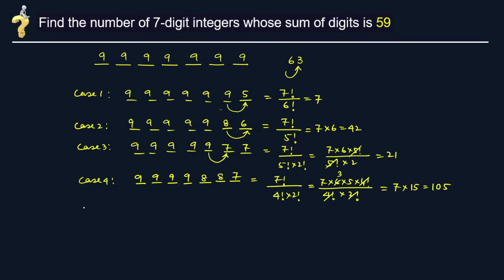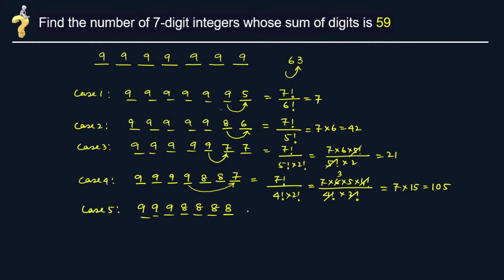Now any more cases? Yes, one more case can be obtained. That is, if these places are three 9s and take out 1 from this 9 and give it here. So this one will become 8. This is again 8, 8, and the last digit will be 8. Clear?